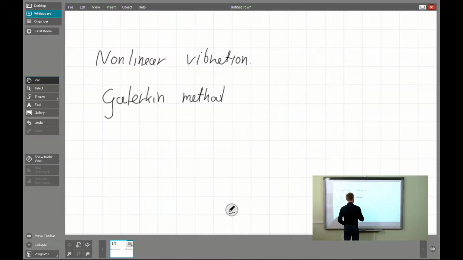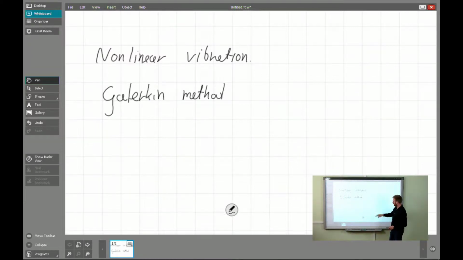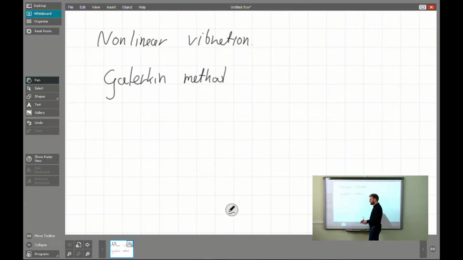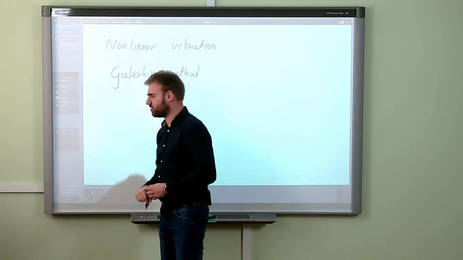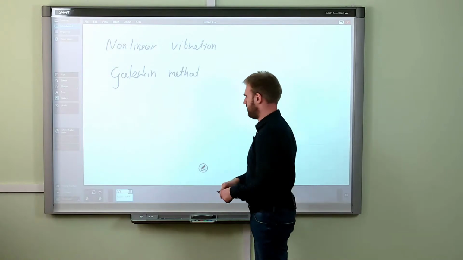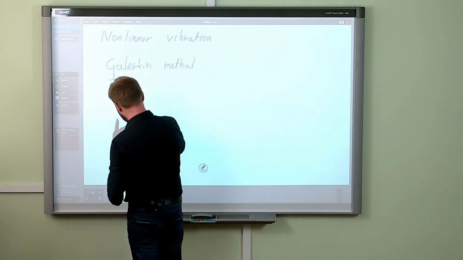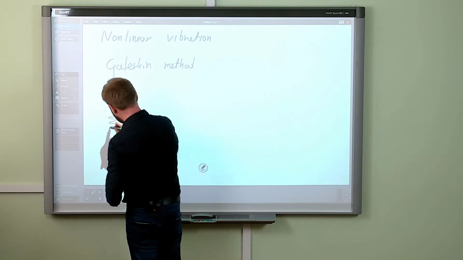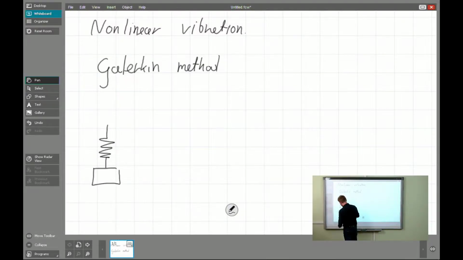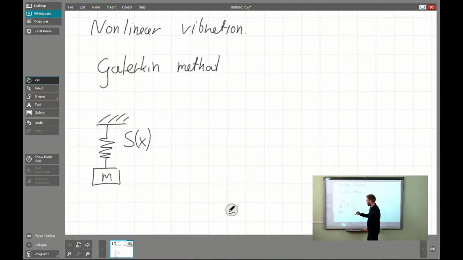It's a method of finding an approximate solution for some nonlinear problems. Okay, let's make a simple example. Let's do a simple example which we will focus on, and we will be dealing with, like always, a simple hanging mass, but this time the elastic connector will be given by some nonlinear formula which is given by the function s of x.